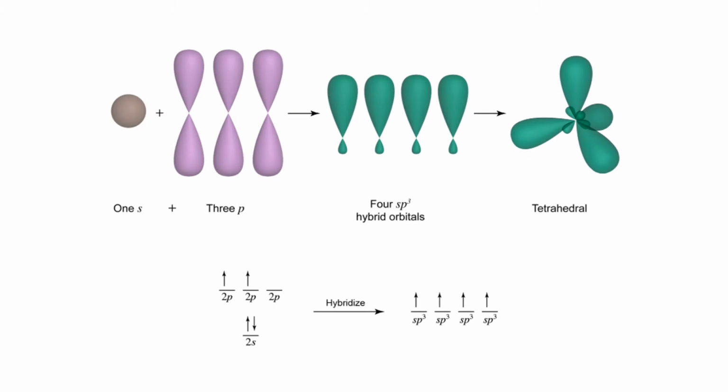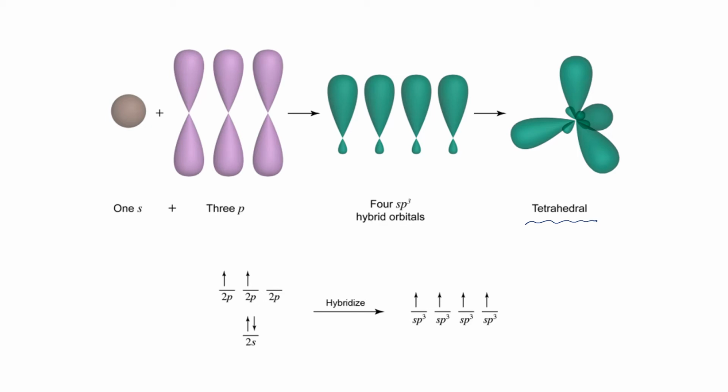I'm going to start by trying to show the hybridization process that results in the tetrahedral geometry. Since we need 4 orbitals to point towards the corners of a tetrahedron, we're going to have to take 4 orbitals to hybridize or mix together.